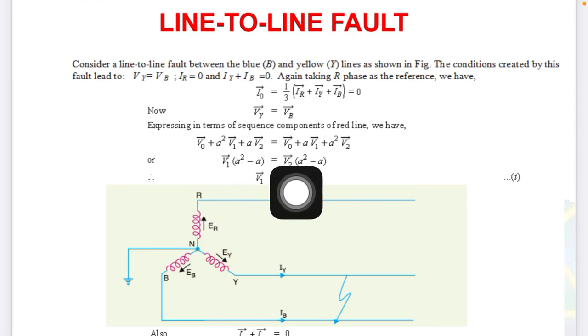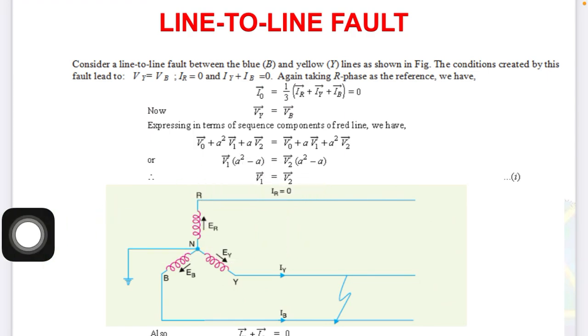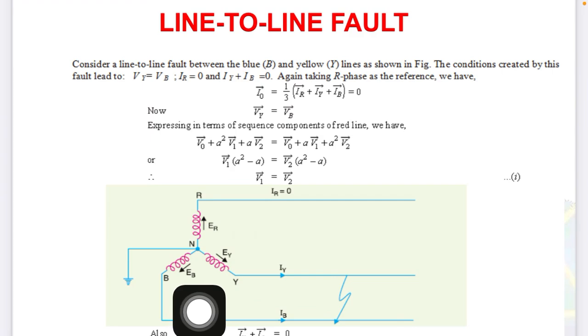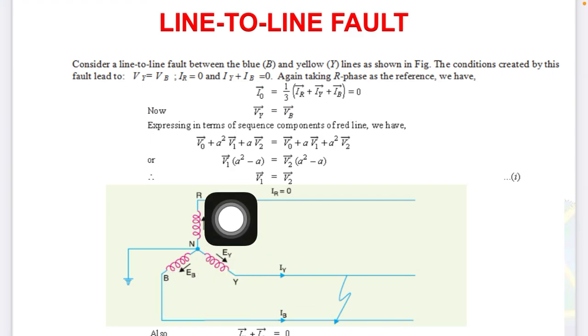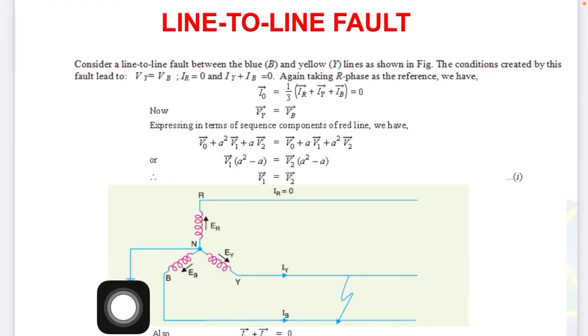From the R phase the voltage appearing across is ER, in the Y phase it is EY, and in the B phase it is EB.